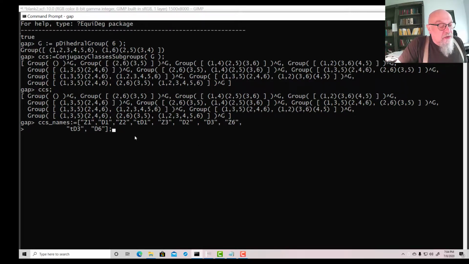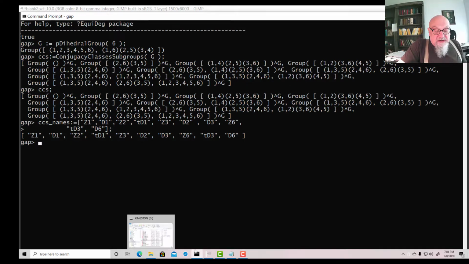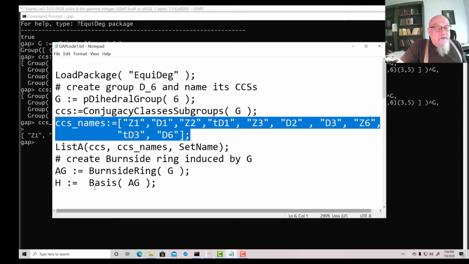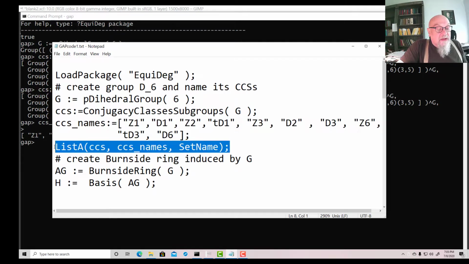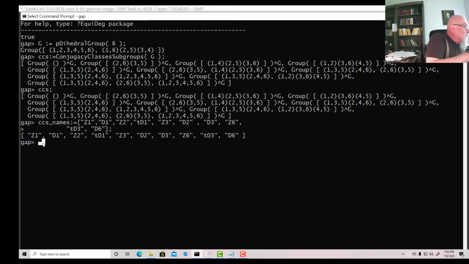Now, of course, I will associate these names to the conjugacy classes. So I will use this particular command, Control C. So this goes like that. You just simply need to learn the command. And once we have it, now we can repeat our command CCS. Let's see what happens.